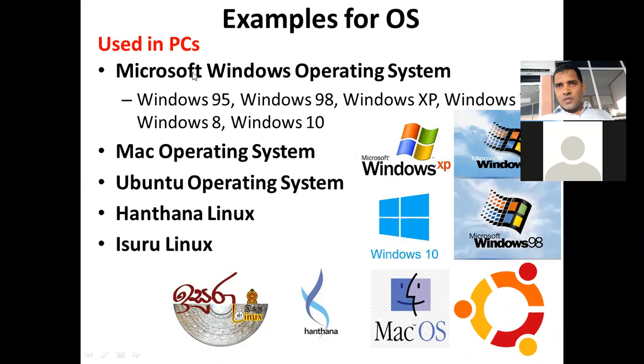The first one, so I mentioned that softwares are developed for both purposes, using in a personal computer, at the same time using for mobile devices such as smartphones, tablet PCs, tablets. So for two different purposes they develop operating systems.